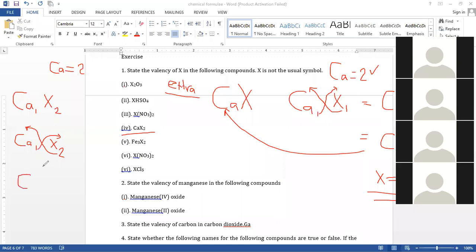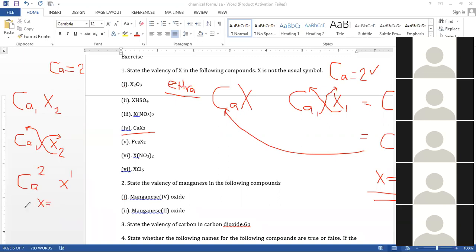That means initially, before forming the formula, calcium was 2, then X was 1. Okay, does this make sense? So we need to confirm with our table. Is the valence of calcium 2? Yes. If the answer is yes, then we confirm that that gives us the valence of X as 1.